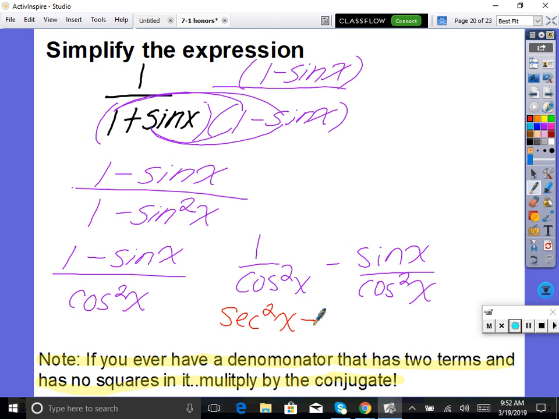So we have sine of x divided by cosine x, true? So sine over cosine is tangent of x divided by cosine though, right? So then couldn't I bring this up to make it secant?